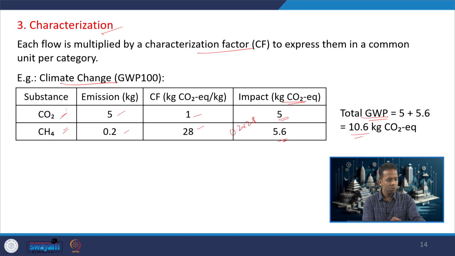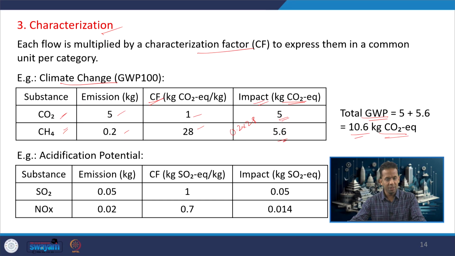Just to explain, I took only two gases, but we can have many more gases. If the characterization factor is given to us or obtained from literature, we can find the impact of all those gases in a single unit. So, if we add them, we get one final value for that impact category.